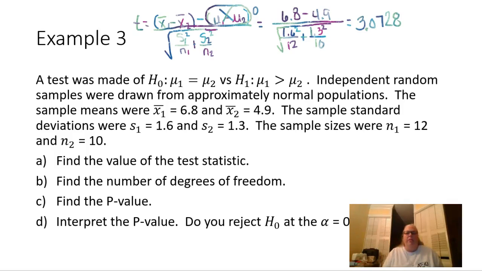Part B, we're to find the number of degrees of freedom. Remember, the degrees of freedom is going to be 1 subtracted from the smaller of our sample sizes. N1 is equal to 12, N2 is equal to 10. Therefore, our degrees of freedom will be 10 minus 1, or 9.